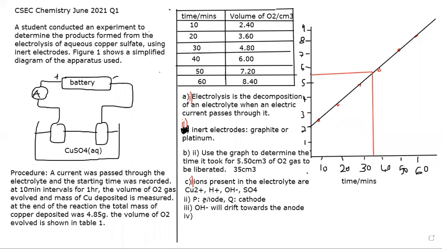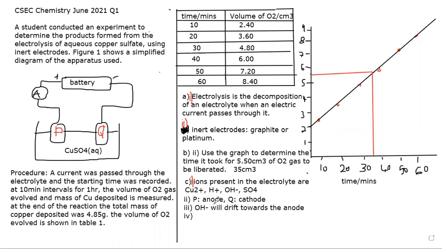And then for part 2 now, it asks us, so let me label this. So this was P and this was Q. It asks us to label the electrodes P and Q. So we know the positive is the anode, and the negative is the cathode.